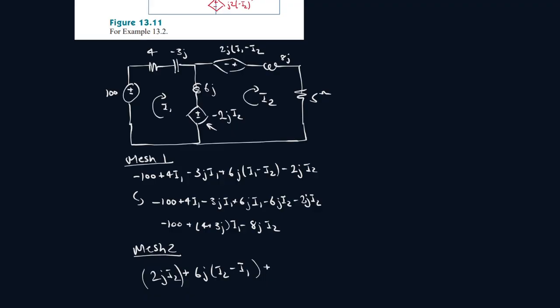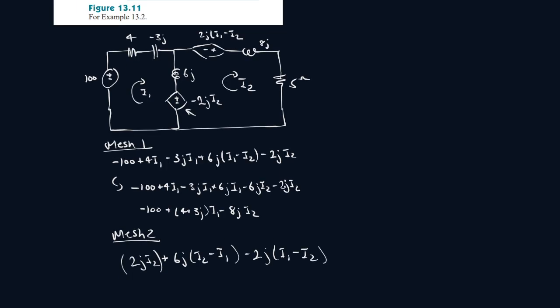Then minus 2j (I1 minus I2) because of the other source, plus 8jI2 plus 5I2.